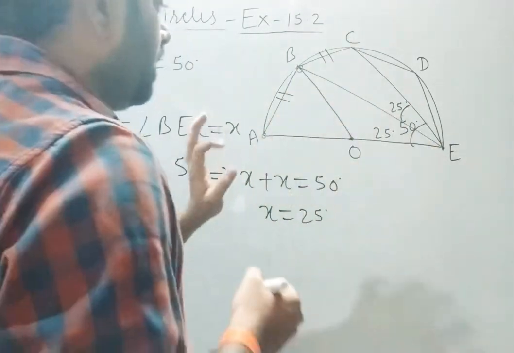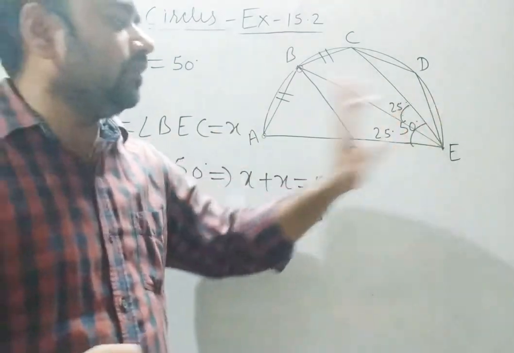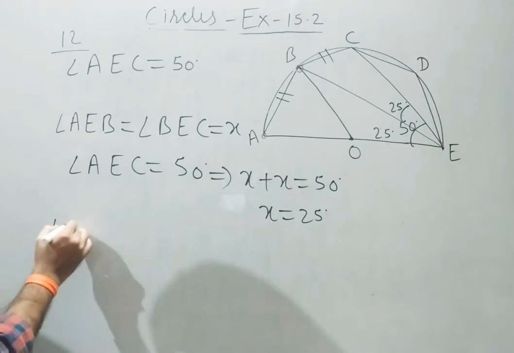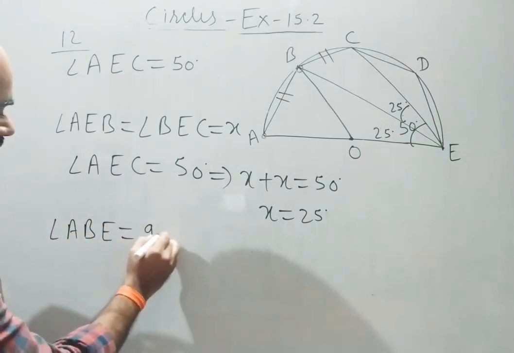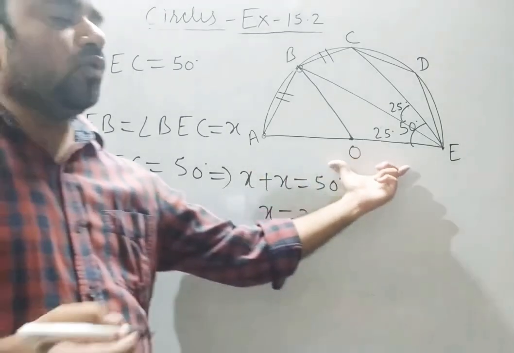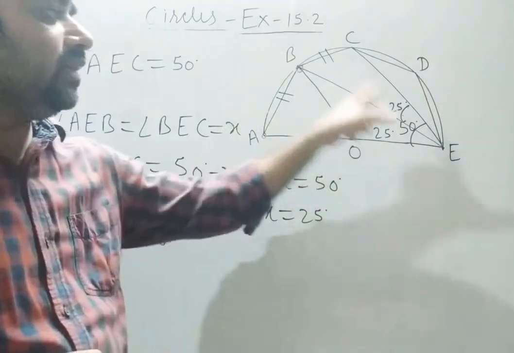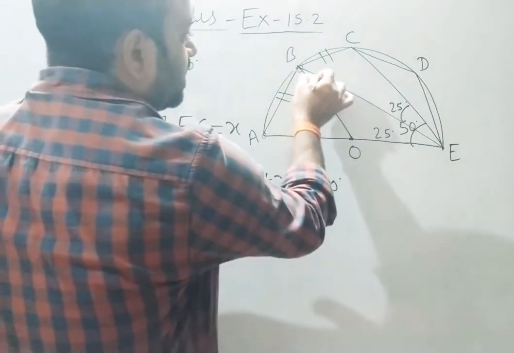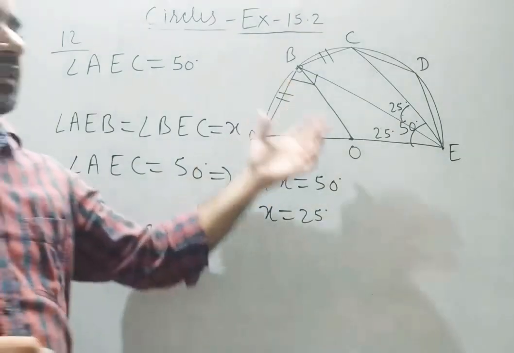Correct? Now, for the first part, we have to find angle CBE. First of all, what is the value of angle ABE? Angle ABE is 90 degree. Why? AOE is diameter, then angle in semicircle will be ABE. ABE means this angle. Correct? Why?